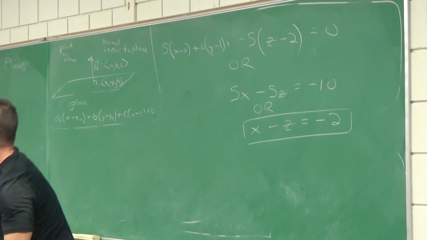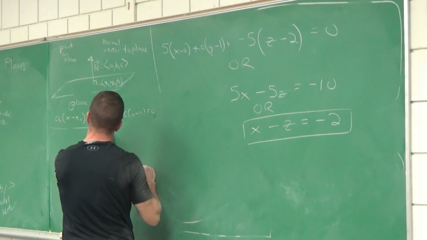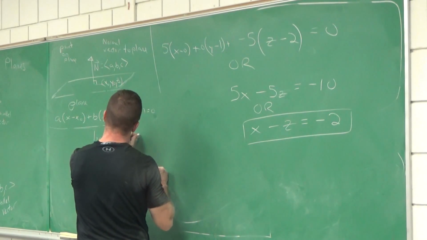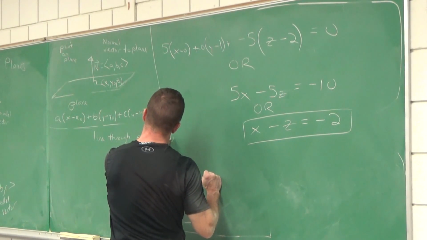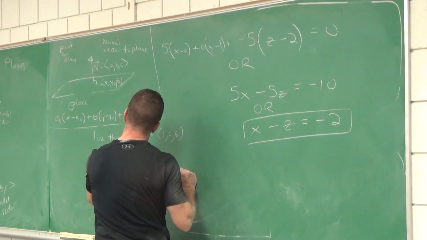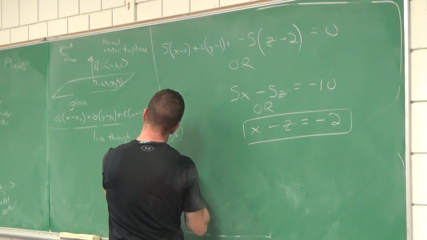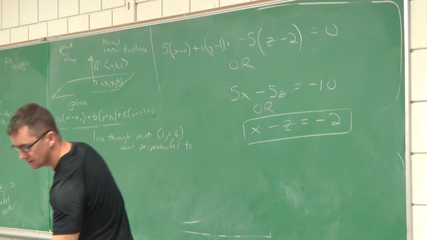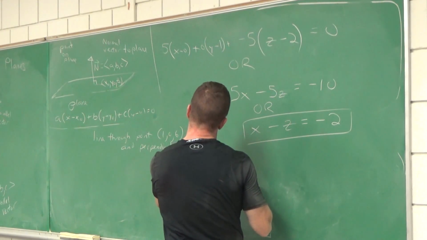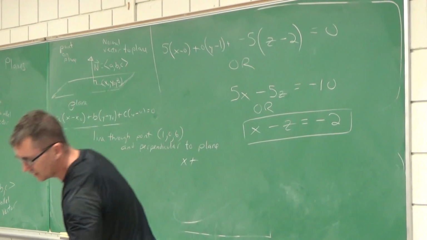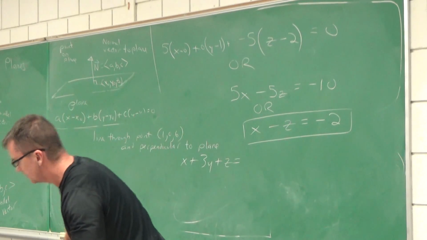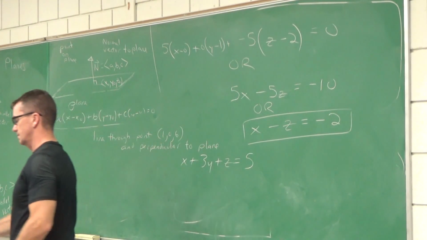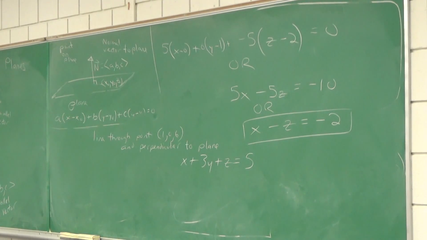Can you find a line to the point 1, 0, 6 and perpendicular to the plane x plus 3y plus z equals 5?